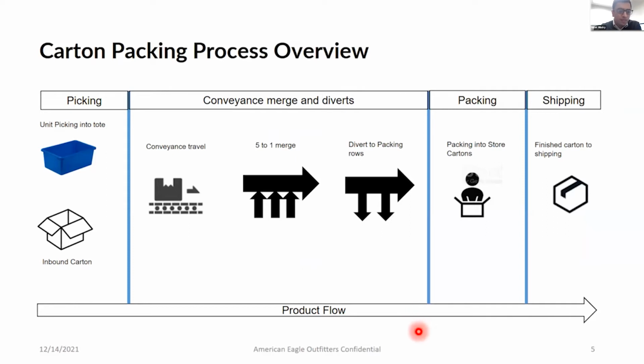What I'm going to present today is a carton packing process. The simulation model I worked on simulates a process where we pack cartons, and those cartons are shipped to the stores to fulfill their inventory requirements.